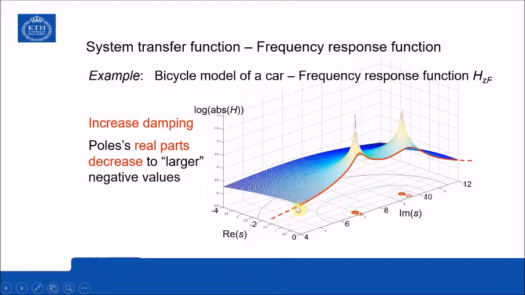And that means, of course, that the peaks of the frequency response function will be smaller in magnitude, since the imaginary axis is further away from the infinity points of the transfer function.